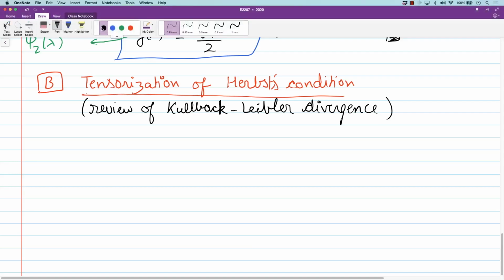The Kullback-Leibler divergence is a measure of distance between two distributions.